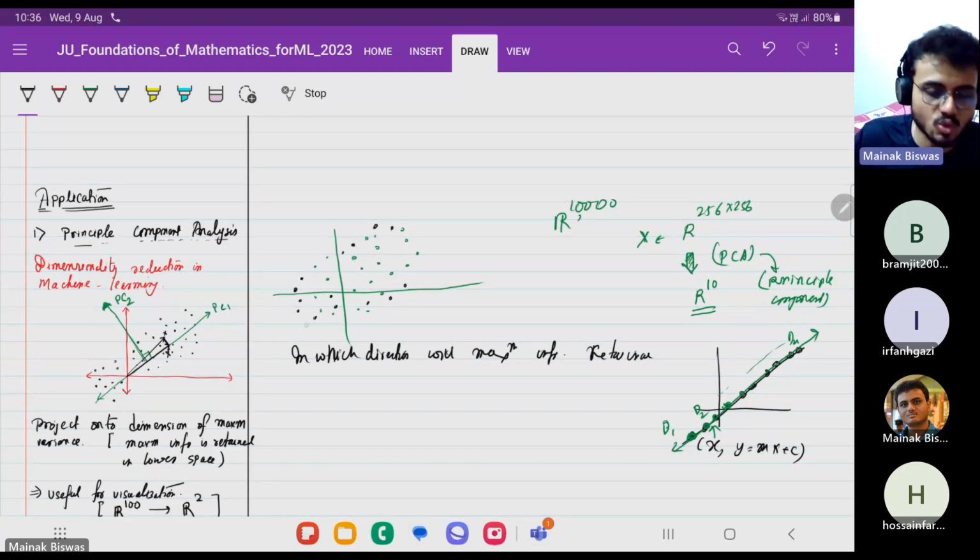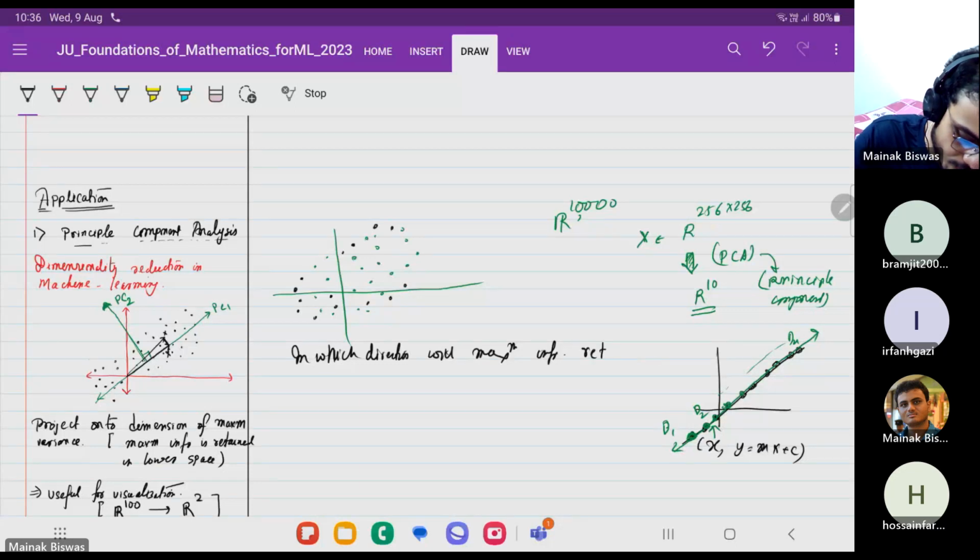If I have to throw out one component, which component should I throw out in general? If you have converted that line to the x-axis, we'll throw out the y component. You see there is a trend in this line along this component. There is maximum variation here, right? As we saw in the best fit problem previously.